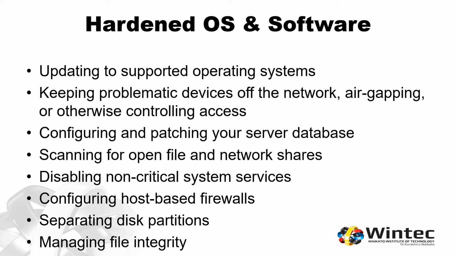Keeping problematic devices off is of course one of the things, but also ensuring that configuring and patching your server databases is very, very important. We need to have continuous scanning for open files and network shares. They are often the route for hackers or even inadvertent changes to your system by people who are not very well conversant with them. Disabling non-critical system services, configuring host-based firewalls and devices, separating disk partitions of critical information and non-critical information, and finally managing file integrity.